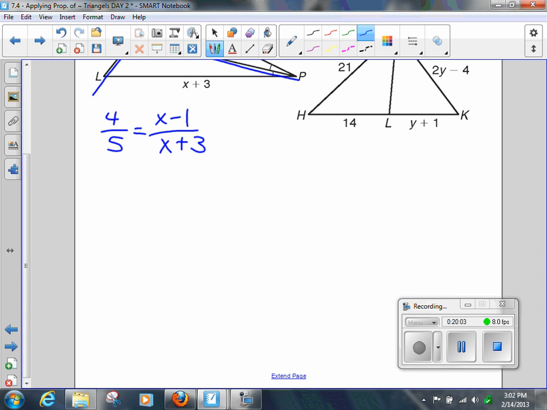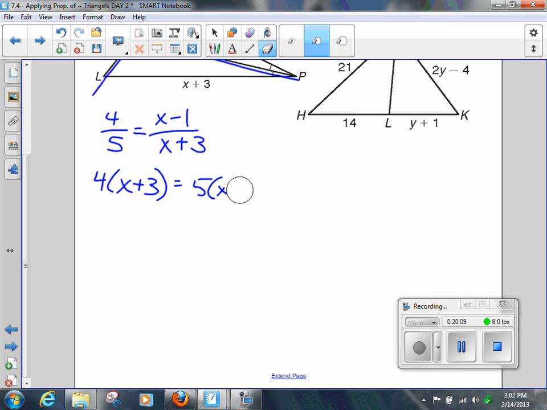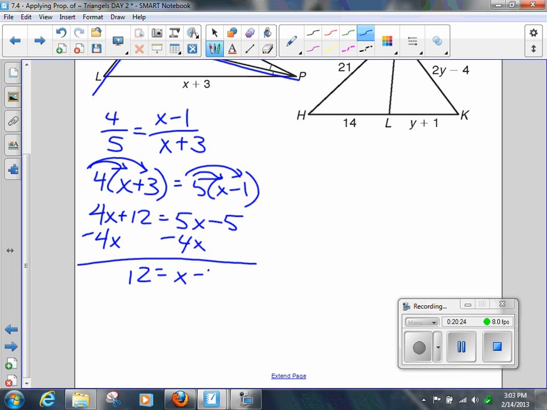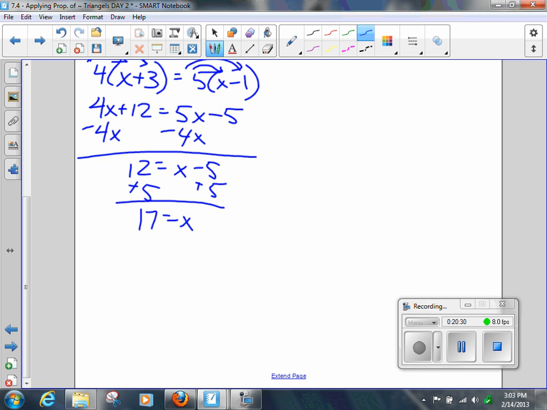Here we go. 4 times the quantity x plus 3, 5 times the quantity x minus 1. Distribute. I get 4x plus 12 is equal to 5x minus 5. I'm going to subtract 4x because I don't like to have a negative variable. And then I add 5. Michael, did you get 17 for x?